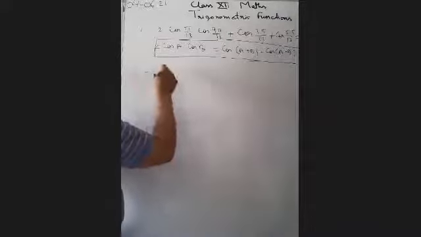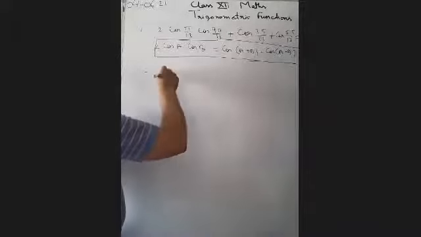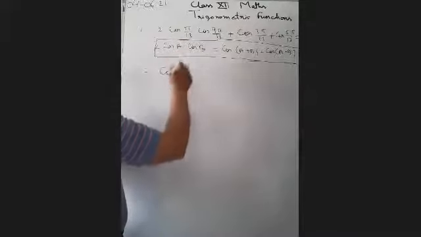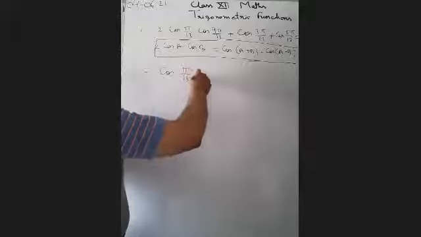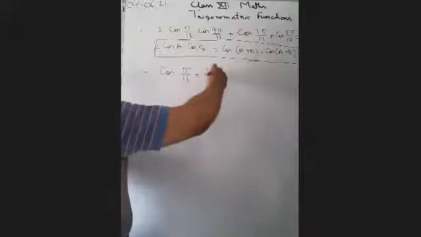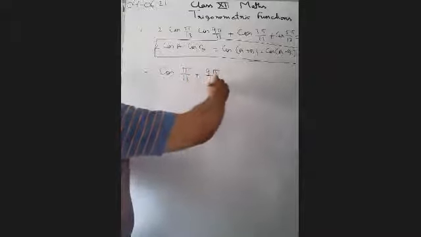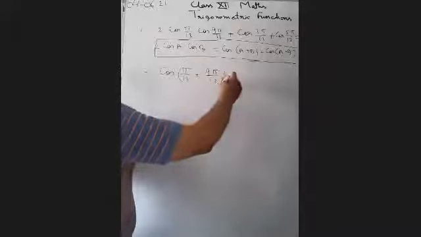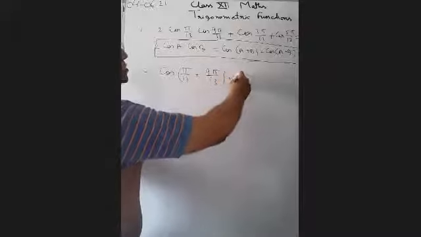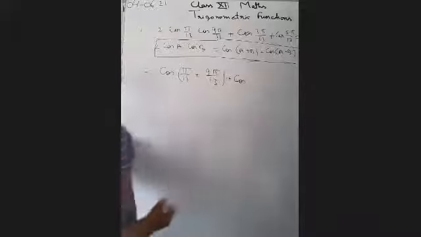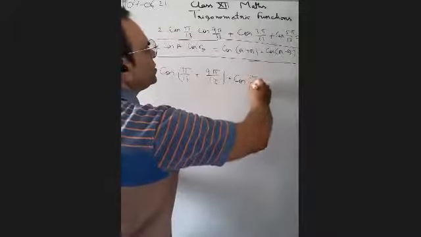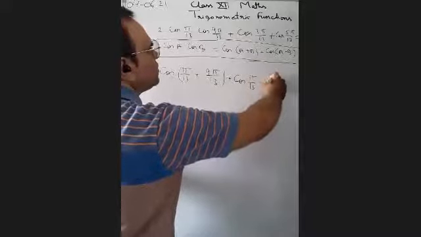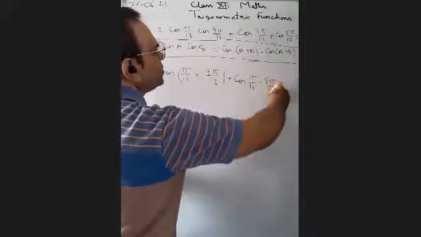Equal to cos A plus B. A plus B means pi upon 13 plus 9 pi by 13, plus cos A minus B. If we subtract, pi upon 13 minus 9 pi upon 13.